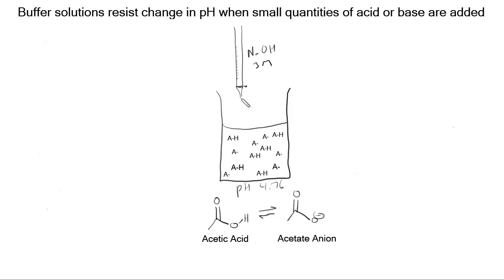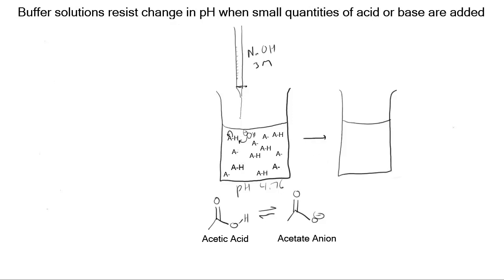When we add our sodium hydroxide solution to the buffer solution, that means that we have dropped some hydroxide anion into solution. That hydroxide anion, in this case, will immediately react with our acetic acid and deprotonate that acetic acid, forming quite a bit more of our acetate anion.